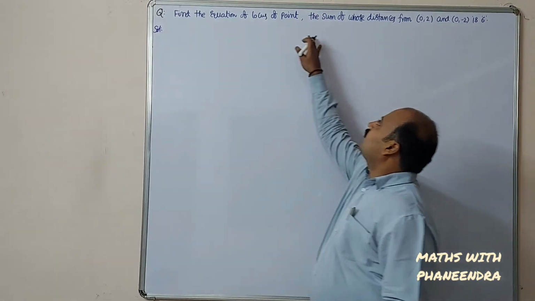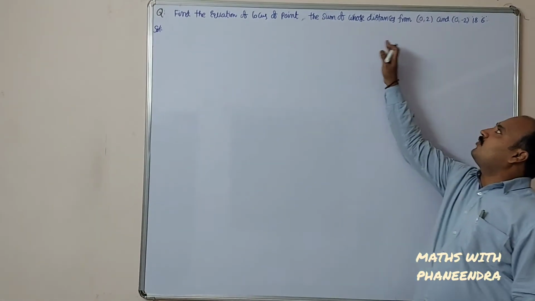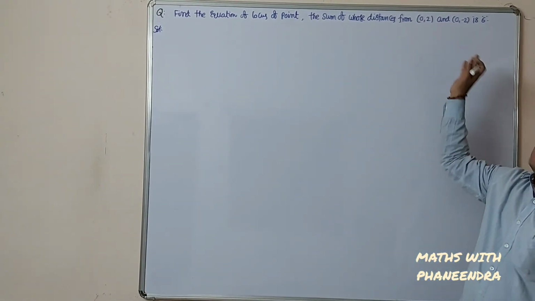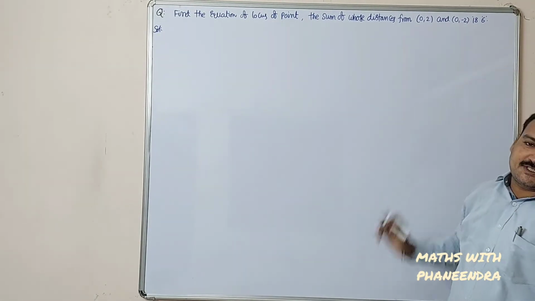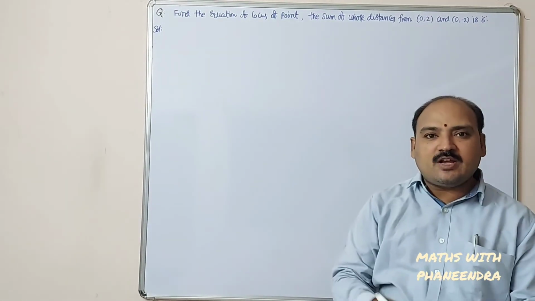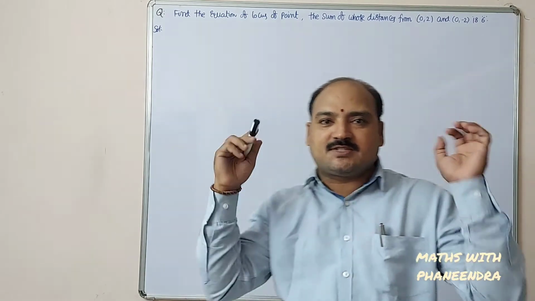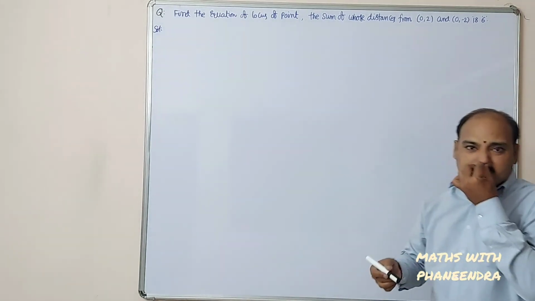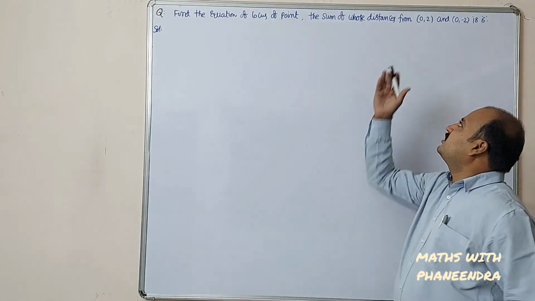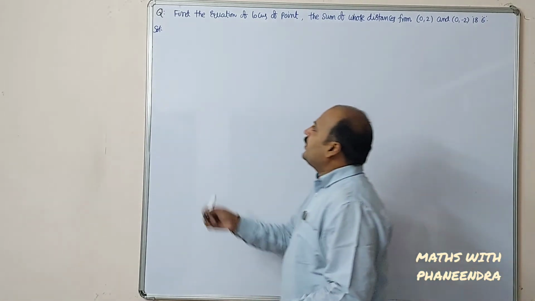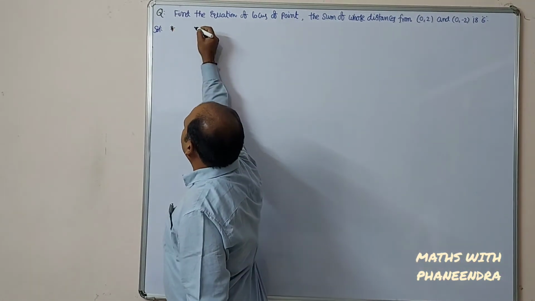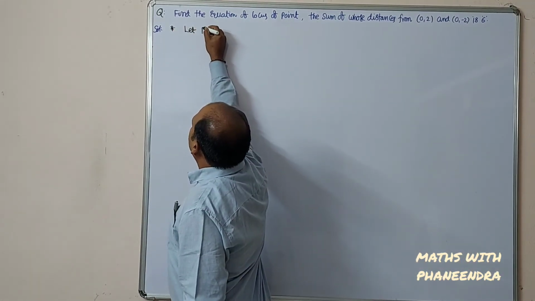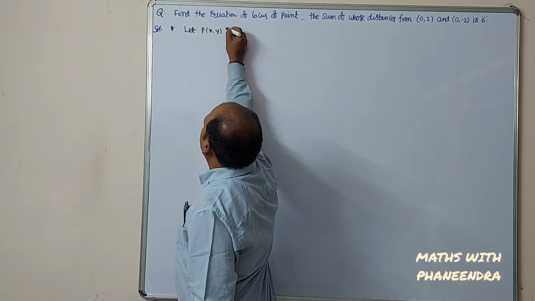Find the equation of locus of point, the sum of whose distances from (0, 2) and (0, minus 2) is 6. That means indirectly it is given PA plus PB equal to 6. The previous question was PA plus PB equal to 8. The points also are different. According to the locus concept, let P of x, y be any point in the locus.